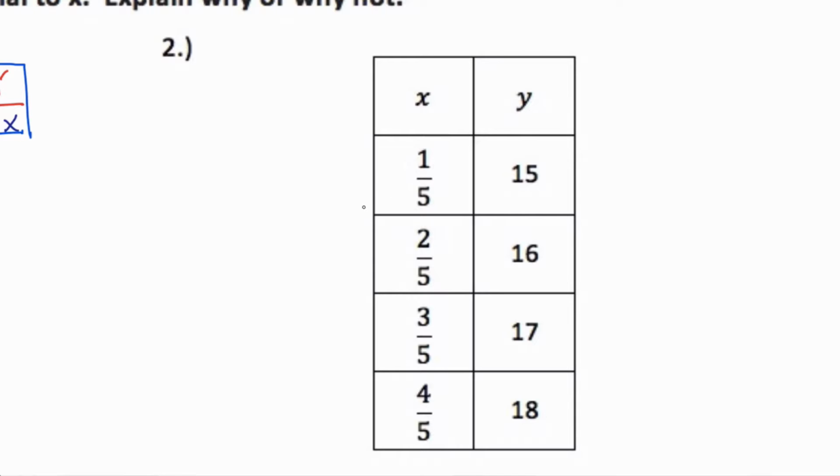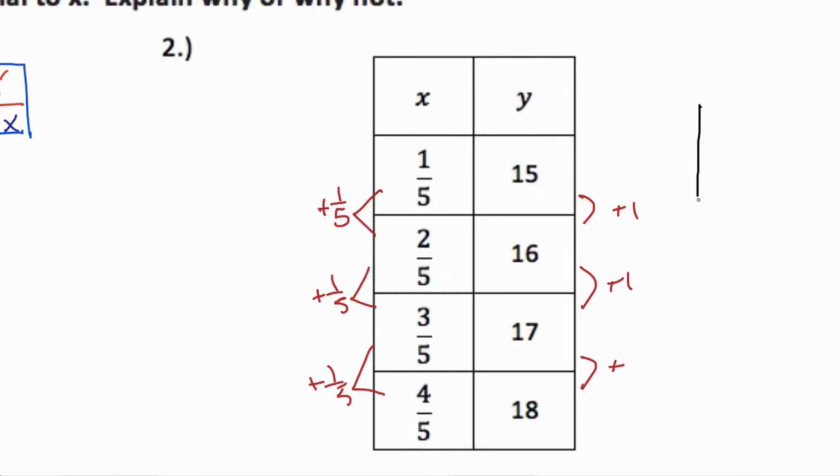For every 1/5 that x increases, goes up by 1/5, goes up by 1/5, goes up by 1/5, y increases by 1, plus 1, plus 1, plus 1. And what I'd like you to remember is that that is just the line. That constant rate gives us a straight line, right?